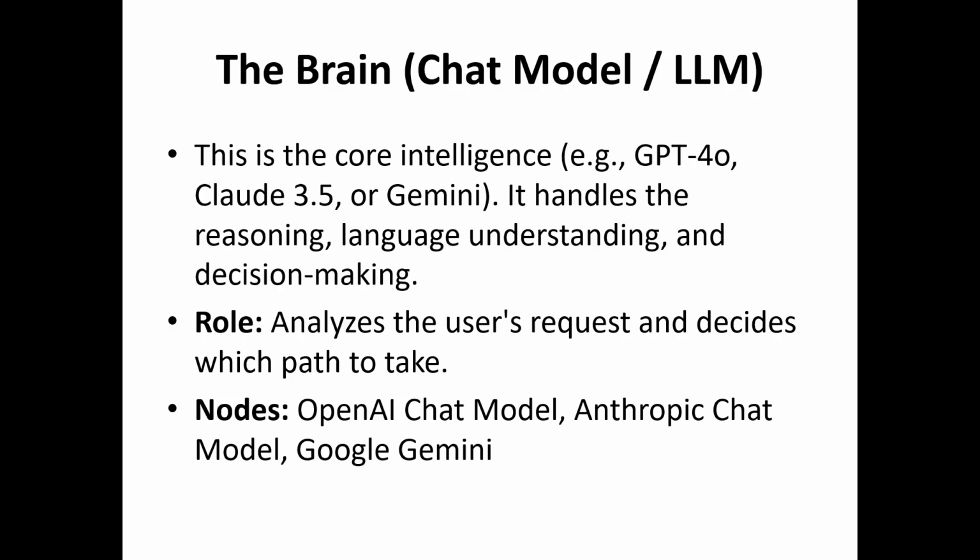But for an AI agent, it does that by those chat models. An example of those nodes we can use, I've said that over and over again: you can use the OpenAI chat model, you can use Google Gemini, and a lot more.